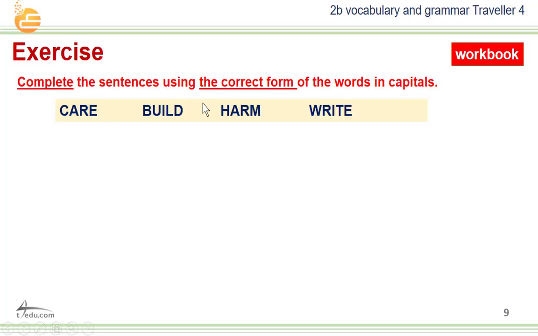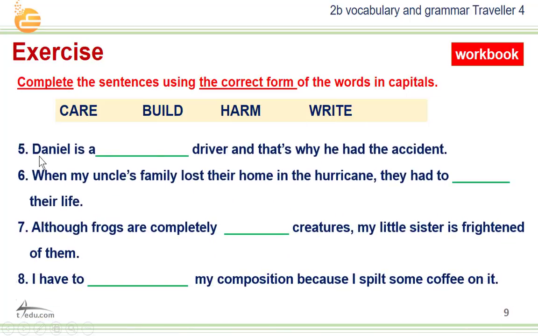Now we have care, build, harm, right. Number 5, Daniel is a blank driver, and that's why he had the accident. So we can say careless, careless driver. Number 6, when my uncle's family lost their home in the hurricane, they had to blank their life. They have to what?